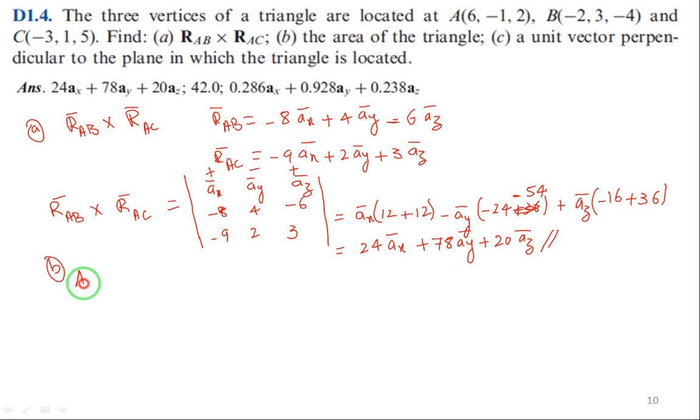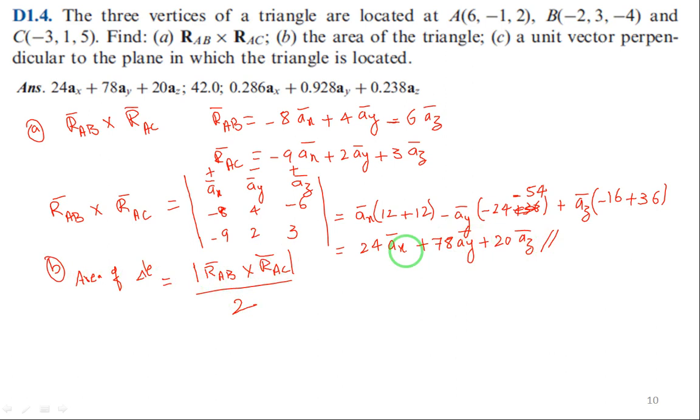They have also asked to find out the area of triangle. Already we have the cross product. So take the magnitude of the cross product, R_AB cross R_AC. If I calculate the magnitude of R_AB cross R_AC, I will get the area of parallelogram; divide it by 2, it will be the area of triangle.